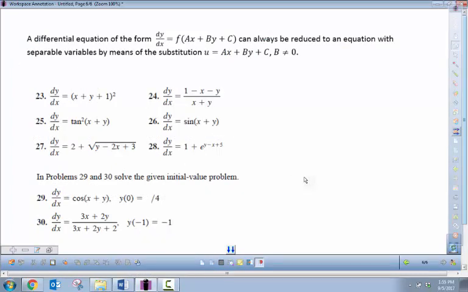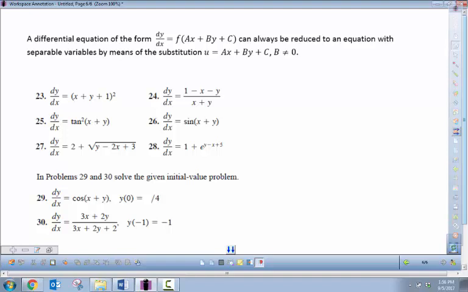The first one looks clearly like that form. The next one, number 24, doesn't quite look like that form, but you can argue that if you massage it a little bit, then it might look like that.